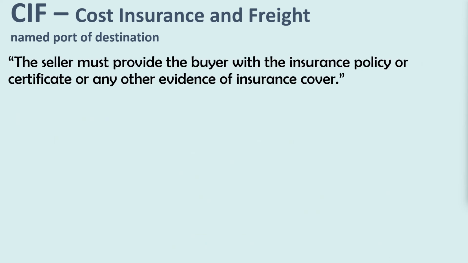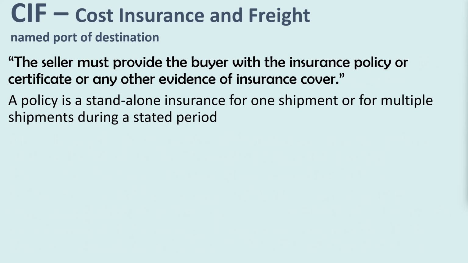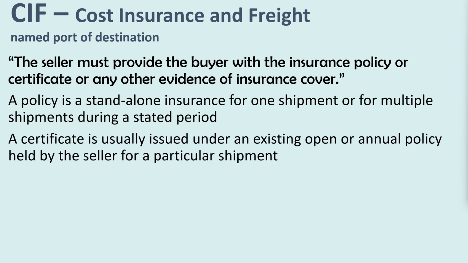The seller must provide the buyer with the insurance policy or certificate or any other evidence of insurance cover. A policy is a standalone insurance for one shipment in such circumstances or for multiple shipments during a stated period. A certificate is usually issued under an existing open or annual policy held by the seller to just cover a particular shipment.